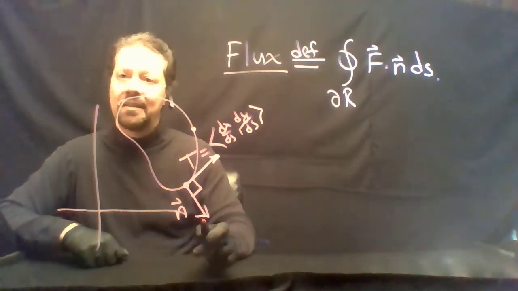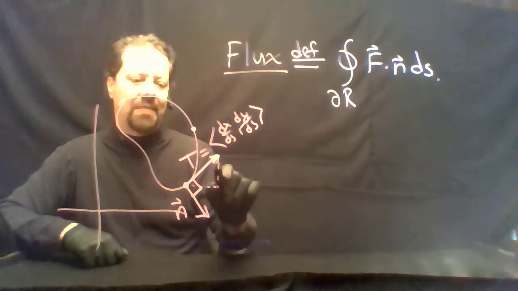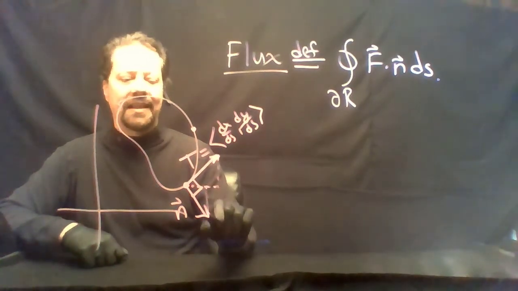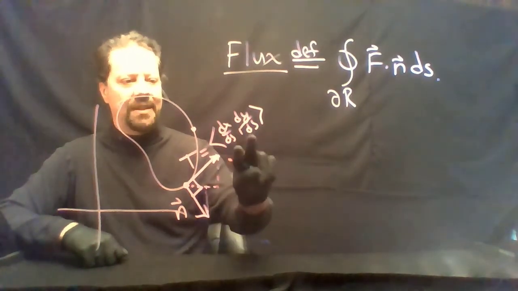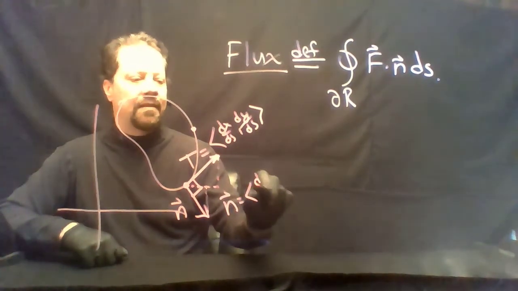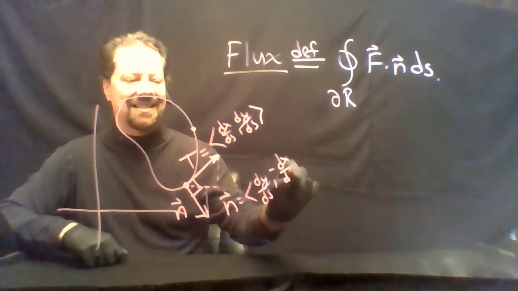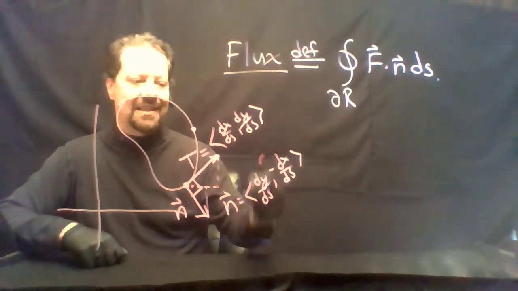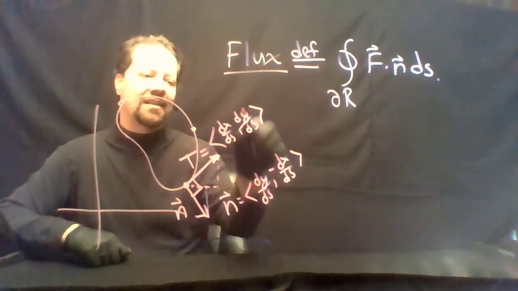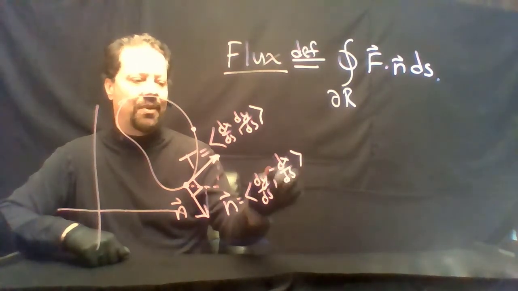To get the normal vector, notice that if t has both positive x and positive y components, the normal vector will have a positive x and a negative y. The normal vector will be dy/ds, negative dx/ds. You switch the coordinates and negate one to get one that is at a right angle. When you take the dot product, you will get 0.